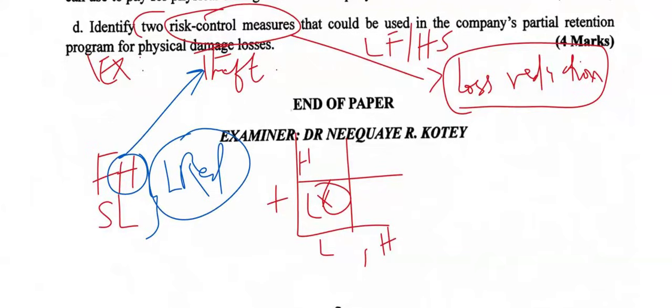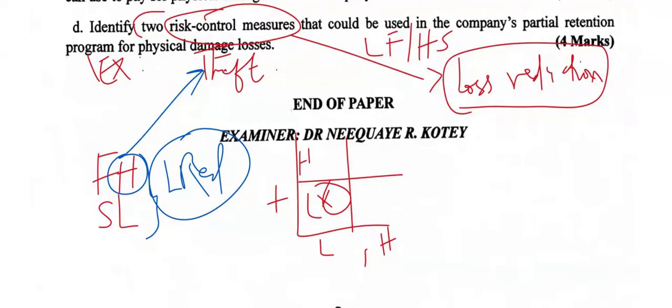But in the case where the theft is so high in the department or in other departments, but the severity is low because they don't have any greater impact on the finance of the organization, the severity is low. And we are saying that we have to reduce it. What is loss reduction? No, it's not loss reduction.